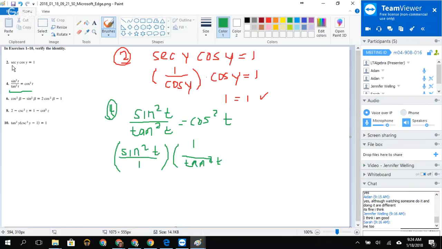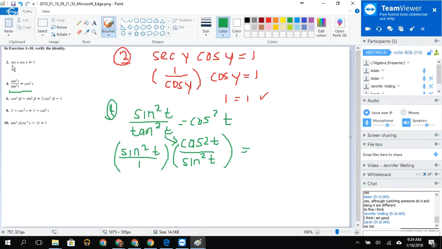So when my tangent is in the denominator, it's just going to be flipped. So another way of writing it, which is obviously also equivalent to the cotangent, is the sine squared of t over the cosine squared of t. So this second fraction is how I'm rewriting 1 over the tangent squared of t.